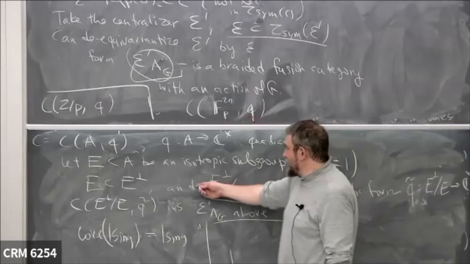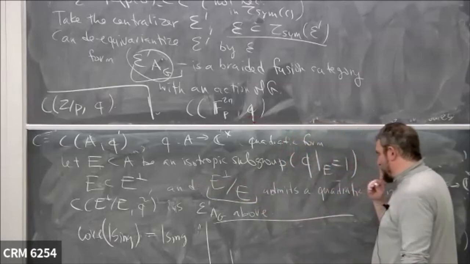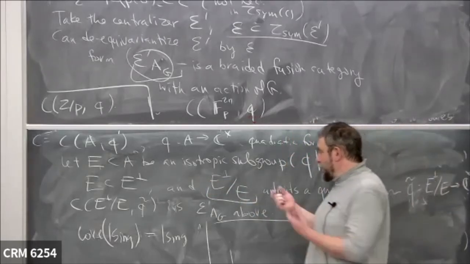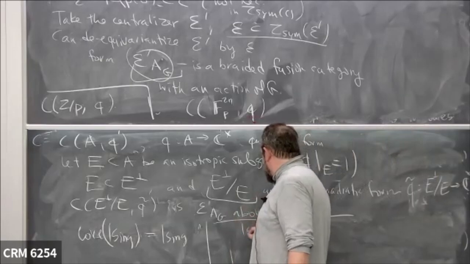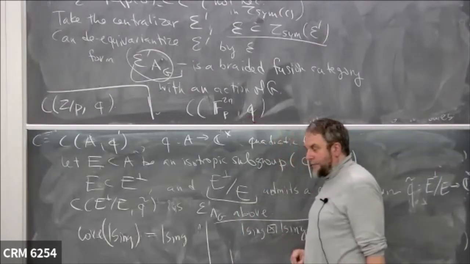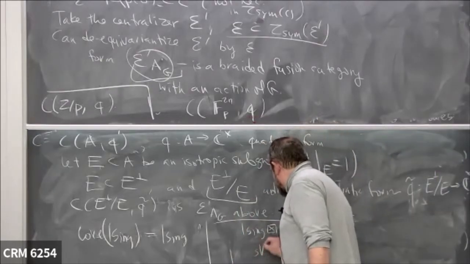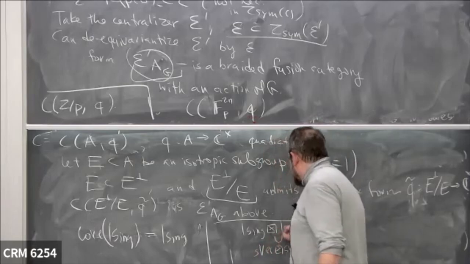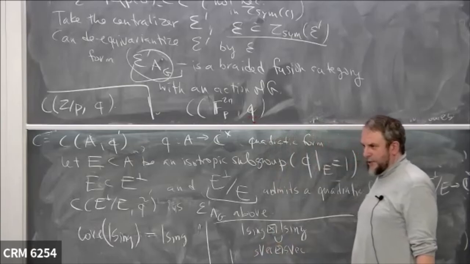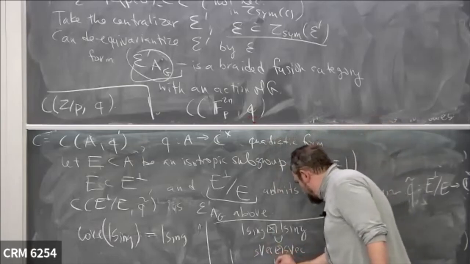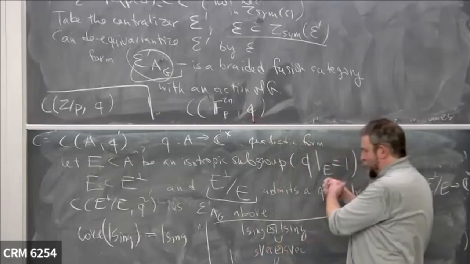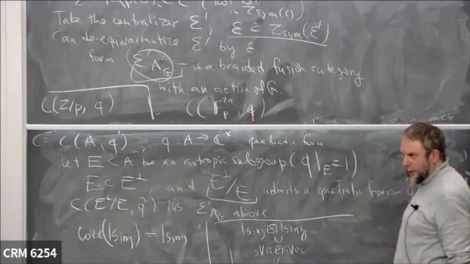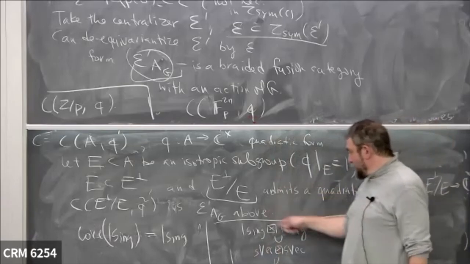It's interesting that you consider Ising to be basic. Well, they probably are. I gave this example, pointed, which was supposed to convince people. But what you can do, for instance, is take Ising tensor Ising, and this would contain SVec tensor SVec inside, which is a symmetric category of dimension 4, and this would contain Rep Z2 inside. Just take the product of two fermions. Okay, so then you can do this.